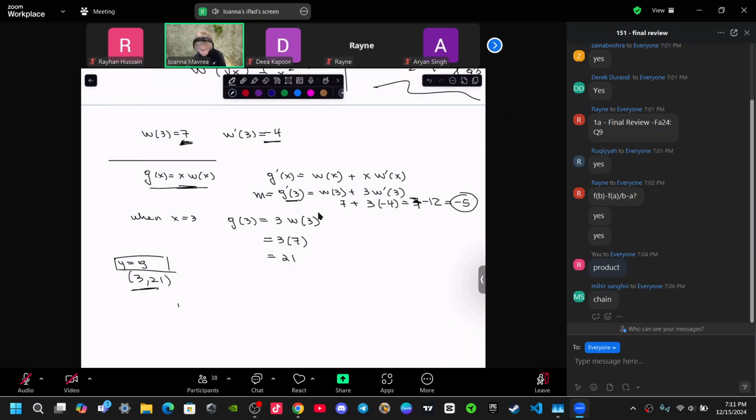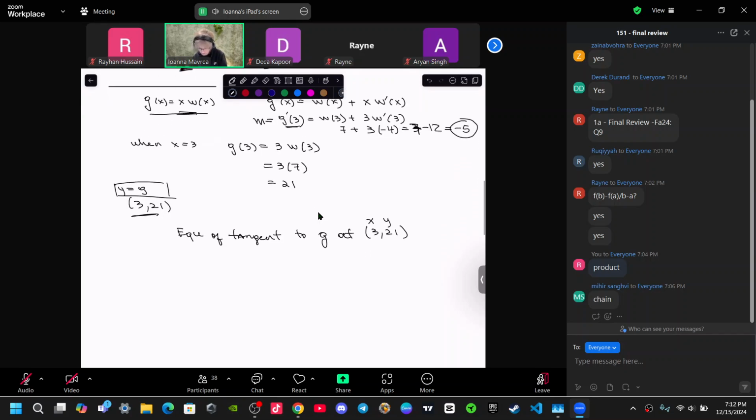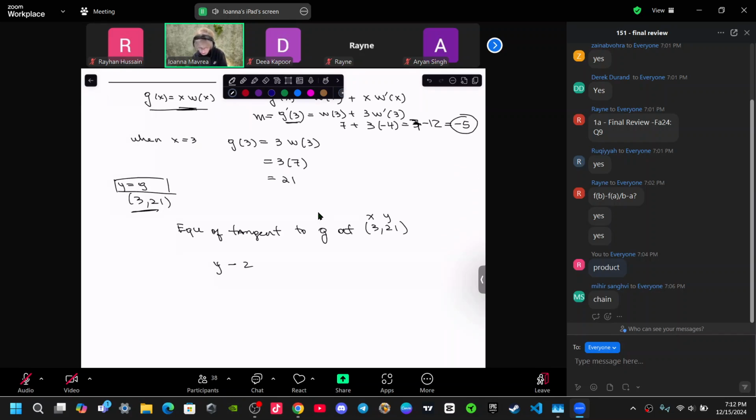So the equation of the tangent line that I need, if somebody asks me to approximate the y-coordinate on the graph of g, I need to write the equation of the tangent line first. Tangent to the graph of g at the point (3, 21), that's your x and that's your y. It's going to be y minus 21 is equal to slope, -5, times x minus the x-coordinate goes here.